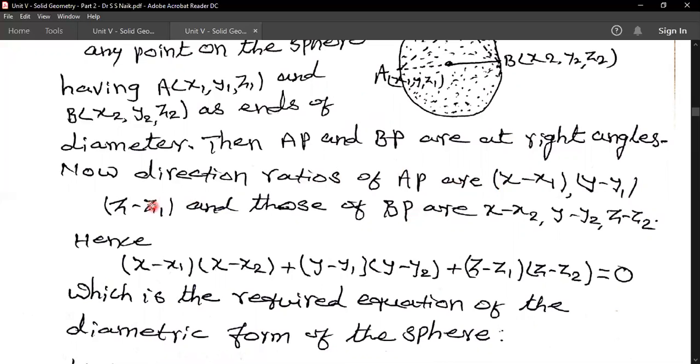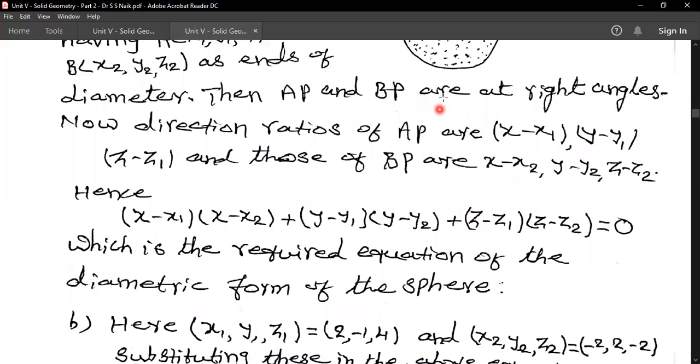These are the direction ratios of AP: x minus x1, y minus y1, z minus z1, and x minus x2, y minus y2, z minus z2 are those of BP. Now, by using that formula, the sum of the products of these direction ratios must be equal to 0, because AP and BP are perpendicular to each other.